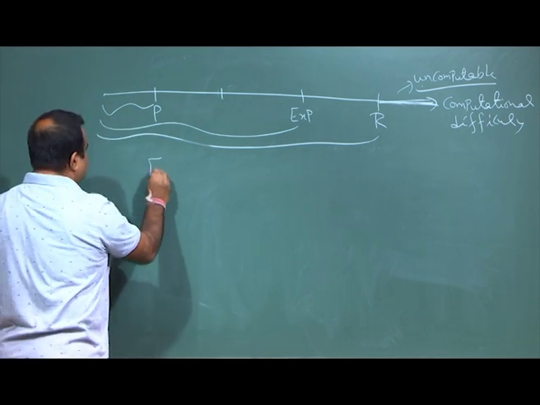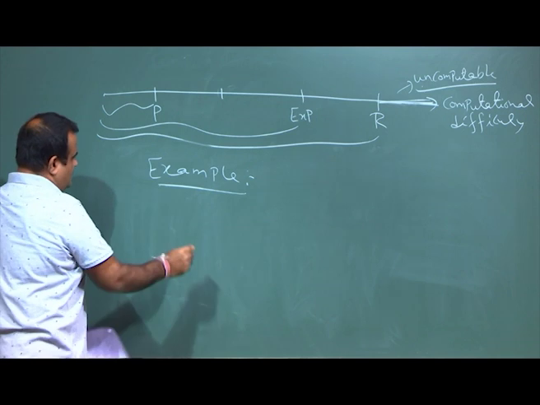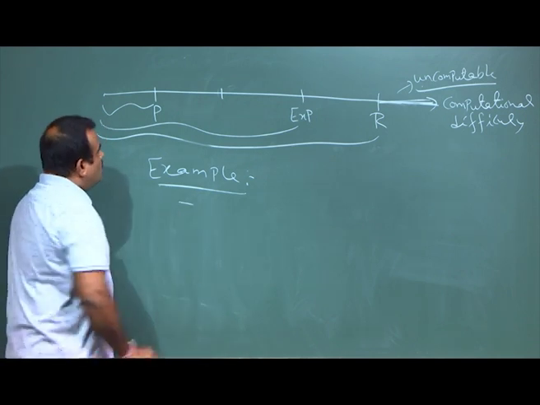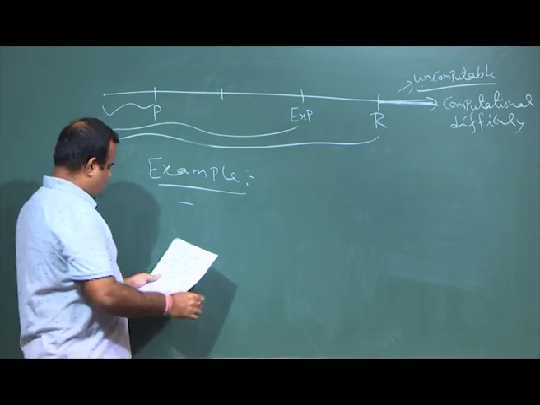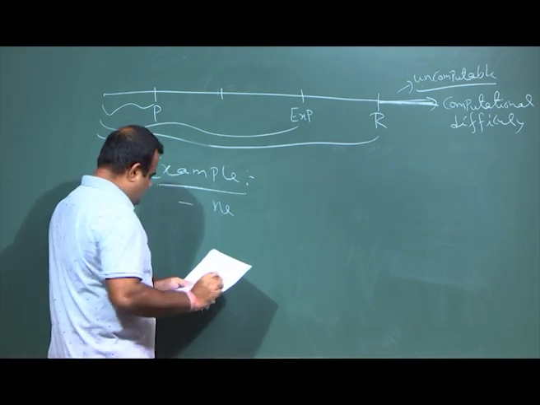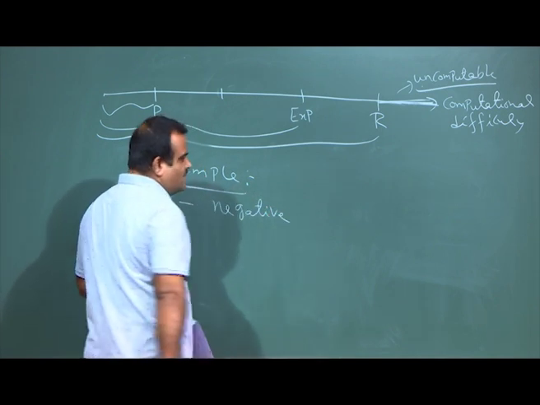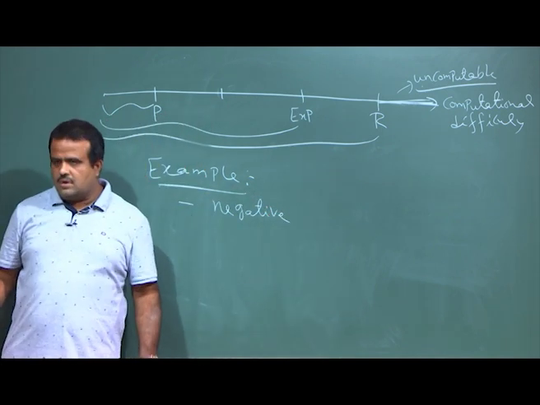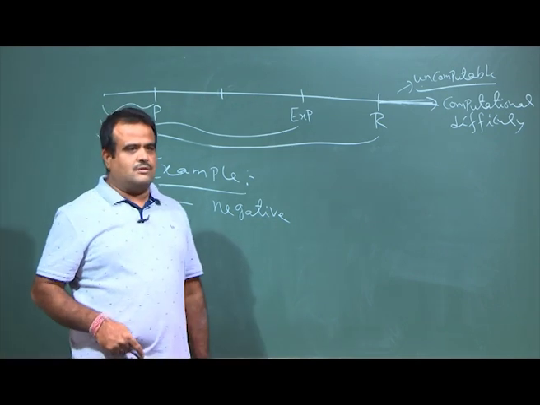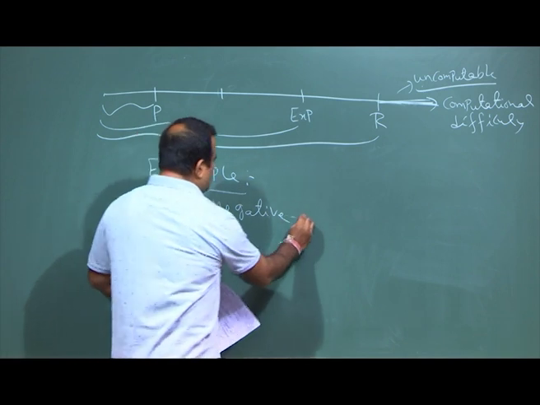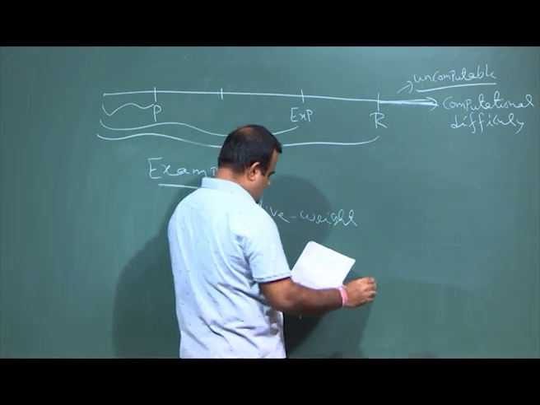So, let us take an example of these classes. First, an example of a polynomial time algorithm. We have seen many. One of these is negative weight cycle detection. We are given a graph, and we want to determine whether there is a negative weight cycle or not.